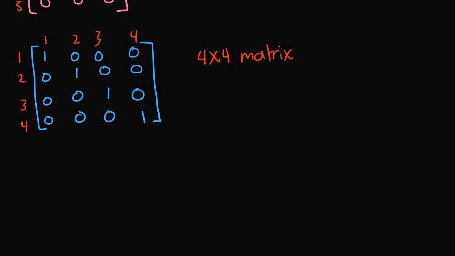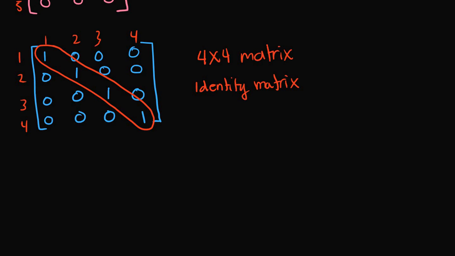And this is also another special matrix called the identity matrix. An identity matrix is simply a square matrix, so the number of rows has to equal the number of columns, in which all of the diagonal terms, the main diagonal terms here, are all ones, and every other element in this matrix is 0.